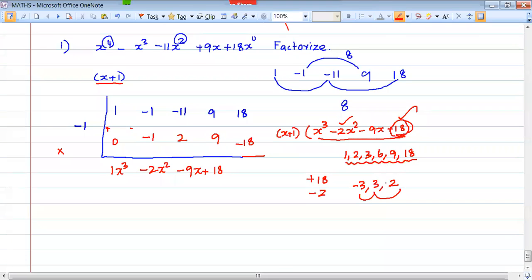So minus 2. I can put this as minus 2. 3, 3, minus 2. But if you add up, you will get 4 here, right? Think differently.